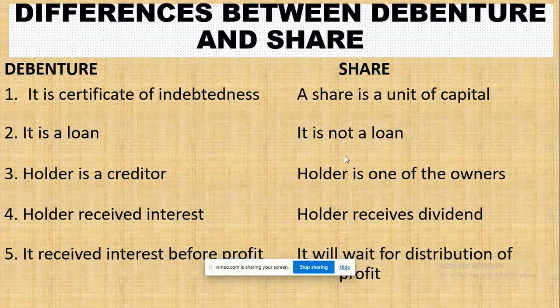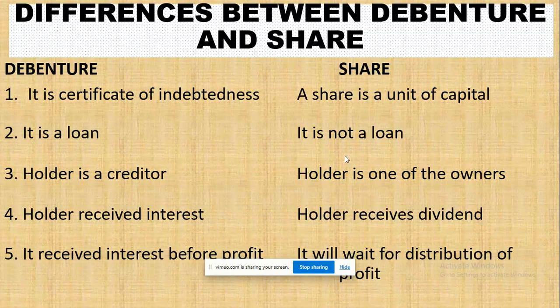A debenture is a certificate of indebtedness, while a share is a unit of capital. Then a debenture is in the form of a loan, but shares are not in the form of what? Loan. A debenture holder is a creditor. It's a what? Creditor. While a shareholder is one of the owners of the business.